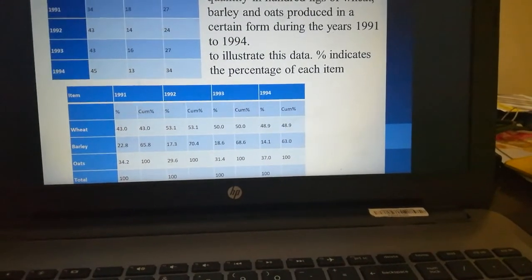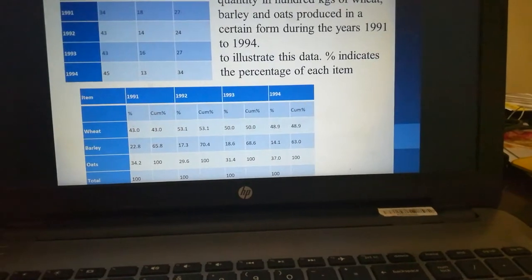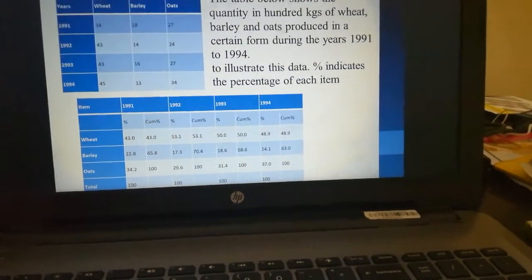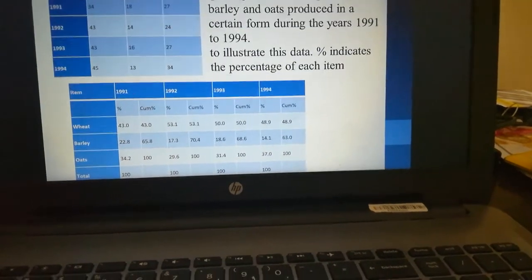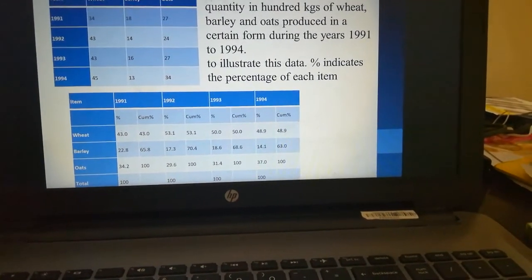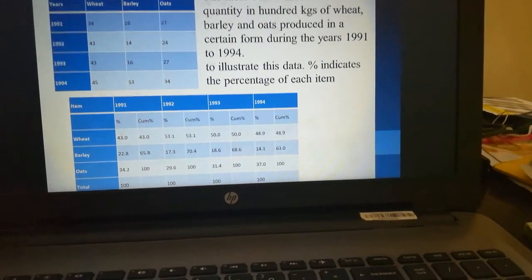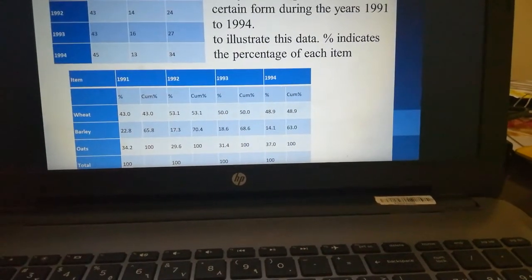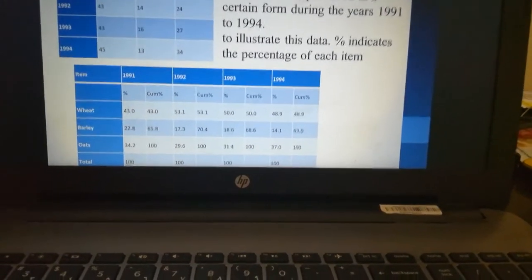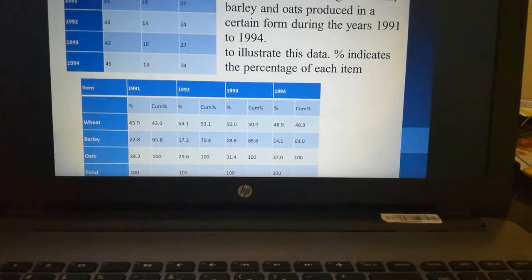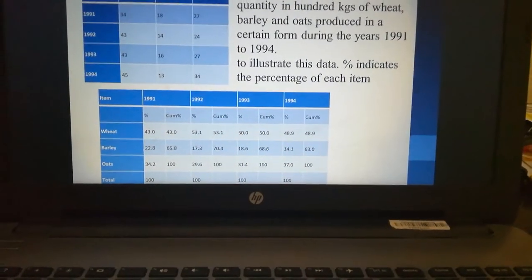So we find the wheat percentage comes to 53.1, barley approximately 17.3 percent, and oats, which is 24, almost 29.6 percent. And then we find the cumulative. The same is done for the years 93 and 94.